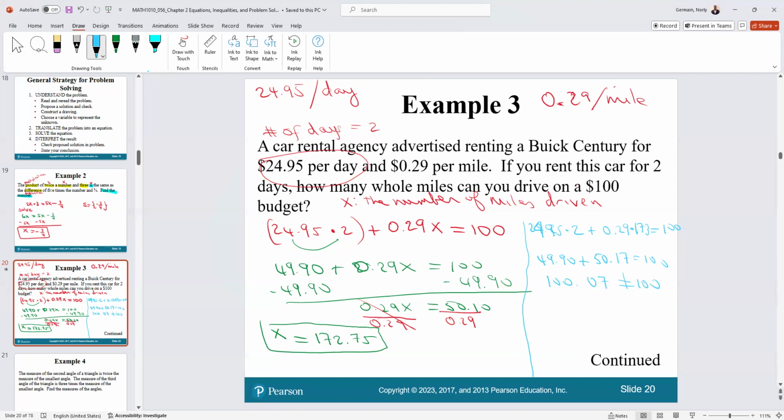At this point, if you do 173 miles, you're going to exceed your budget. So it's better you take only 172, because that's the one that would fit your budget.